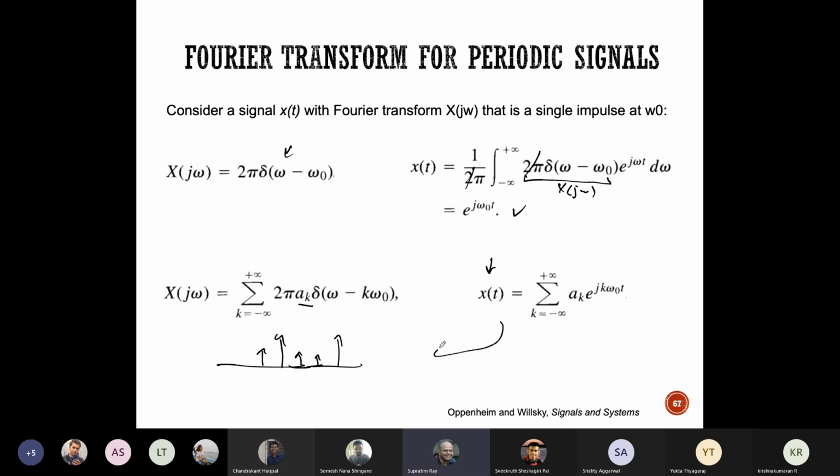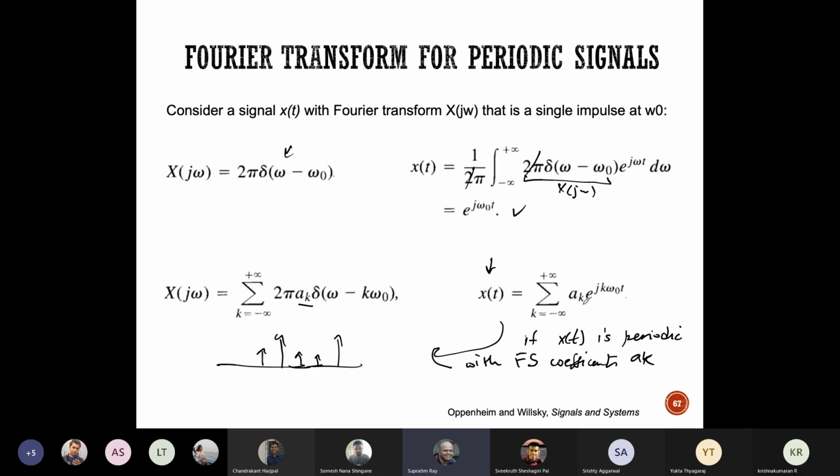And now going back, if I have a periodic signal, so if x(t) is periodic with Fourier series coefficients a_k, this, remember, is just the Fourier series expansion of x(t).